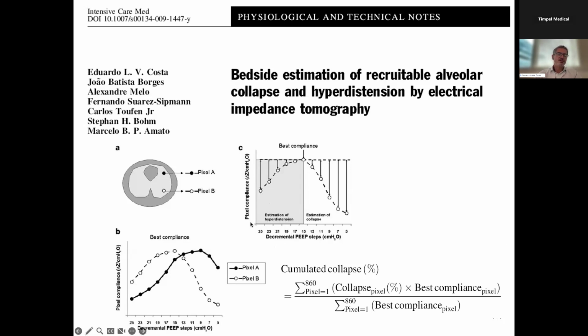But compliance here is not respiratory system compliance, it's regional compliance at the pixel level. What we observed as a rule was that at very high PEEP levels, compliance is low. As you decrease PEEP levels, compliance increases until it reaches a peak, and then it starts decreasing again.